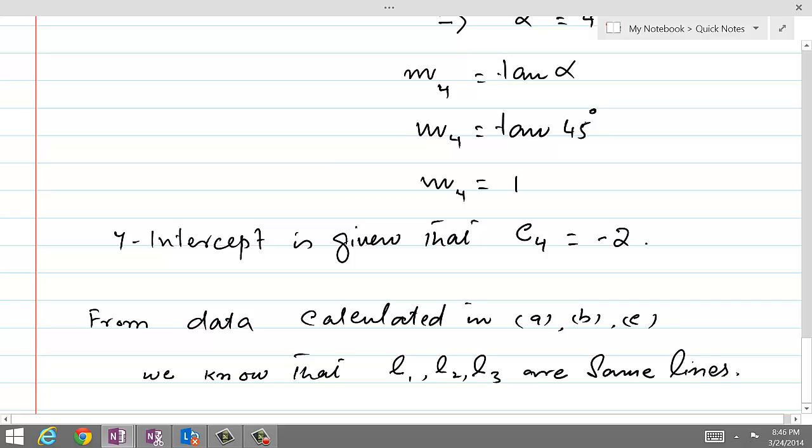Basically, those are just different representations of the same line because their slopes are the same and their y-intercepts are the same.